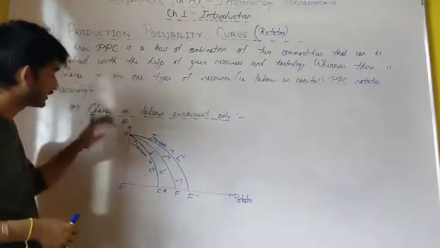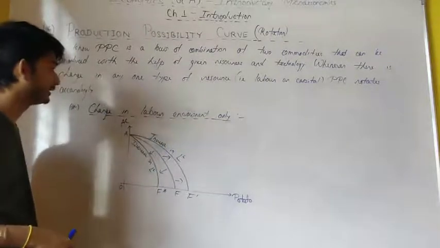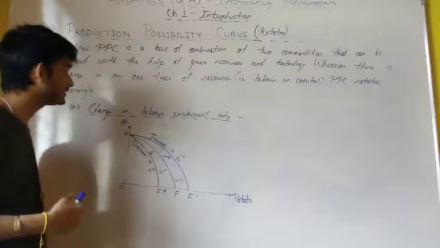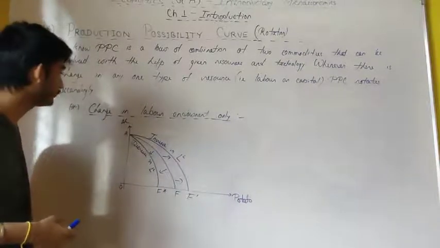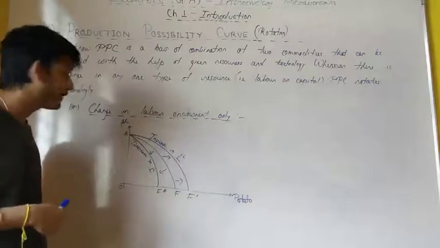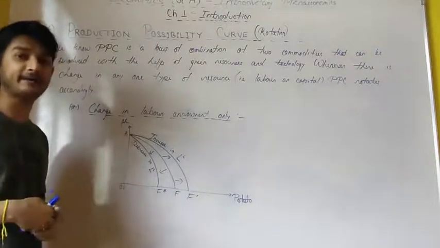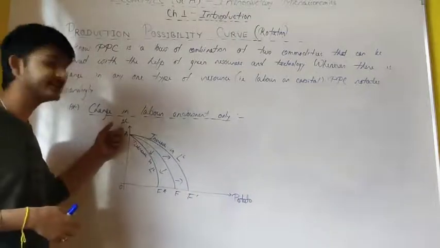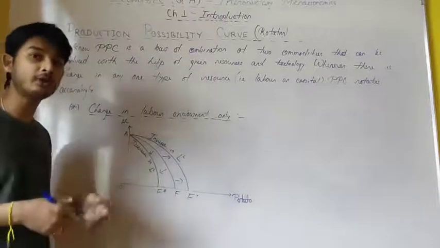Why is this point remaining fixed? Because we are focusing only on change in labor endowment. Now you may ask that if there is increase in labor endowment, why doesn't the production of AC increase? Because AC is a capital intensive item, and in a capital intensive item there is less use of labor and more use of capital.